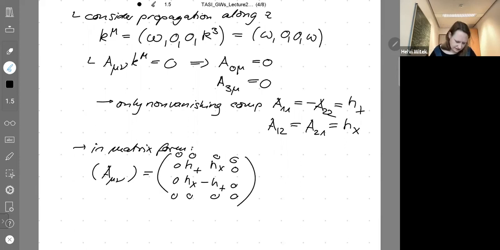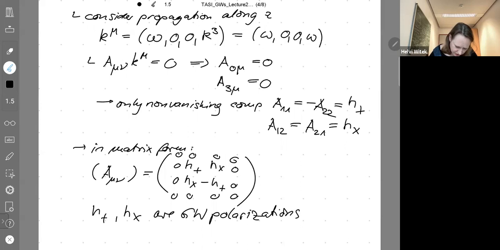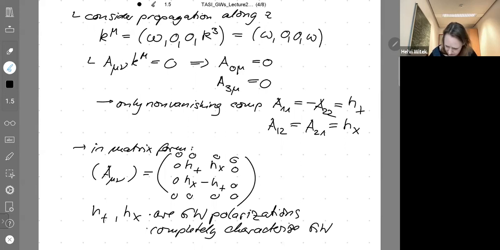As I said, H plus and H cross are the gravitational wave polarizations, and they completely characterize our gravitational wave. Great.